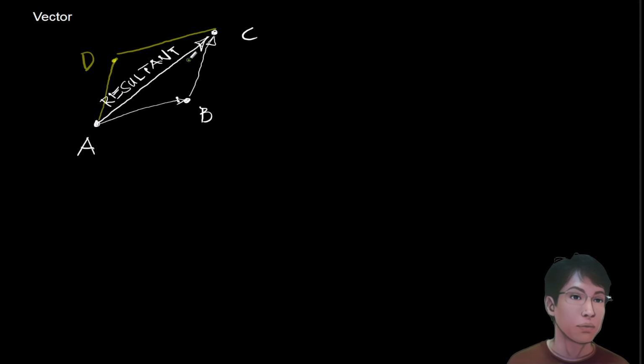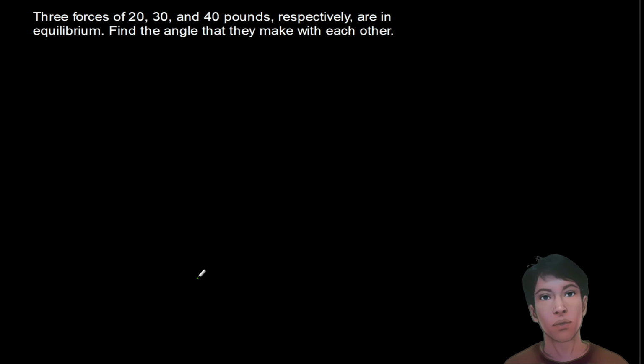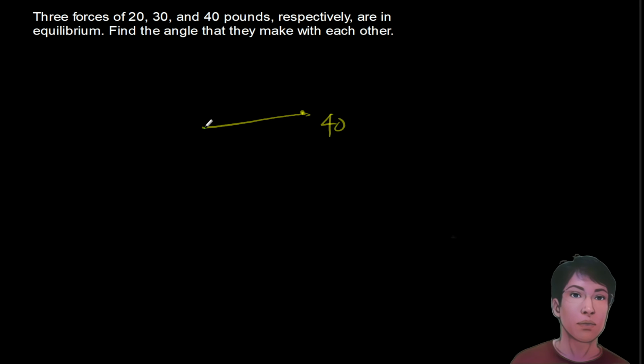Let's have a sample problem for this one. We have three forces, 20, 30, and 40 pounds respectively, and they are in equilibrium. Find the angle that they make with each other. Let's say this is 40, so this is 40 pounds, another is 20, and then 30.